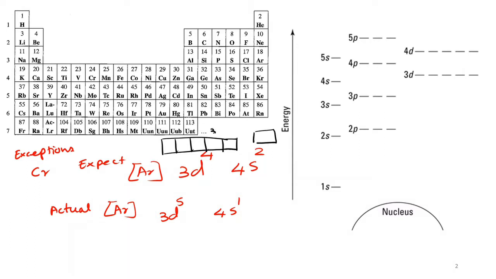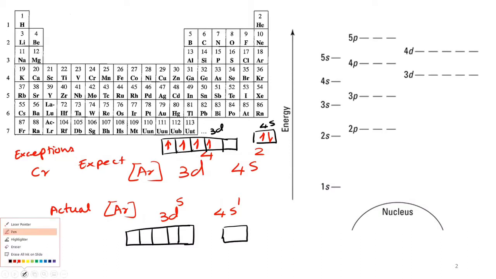These are the 3d orbitals, and here I'm showing the 4s orbital. And when you fill the electrons according to the expected configuration, it would look like this. But thinking about the actual configuration, it's going to look like this.